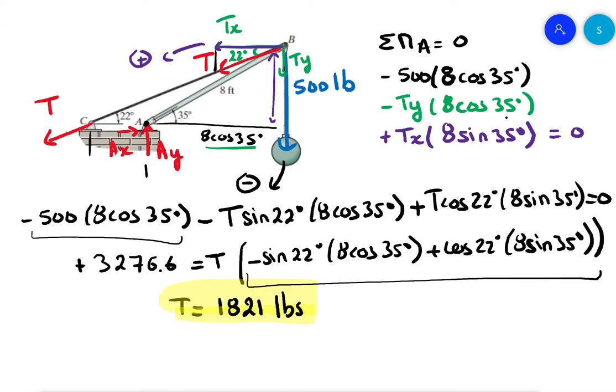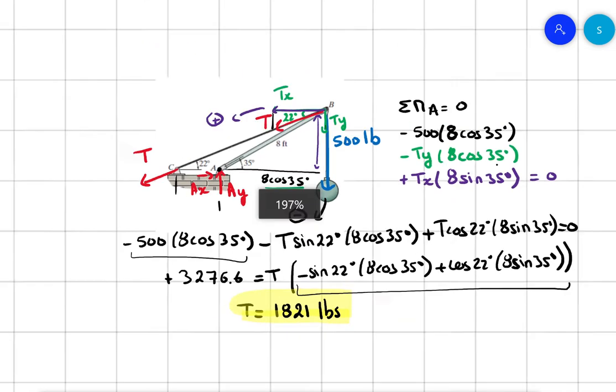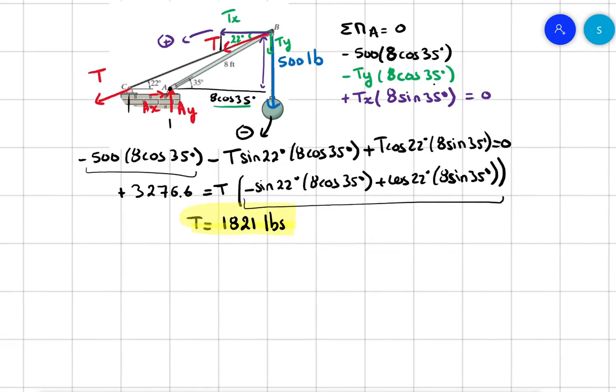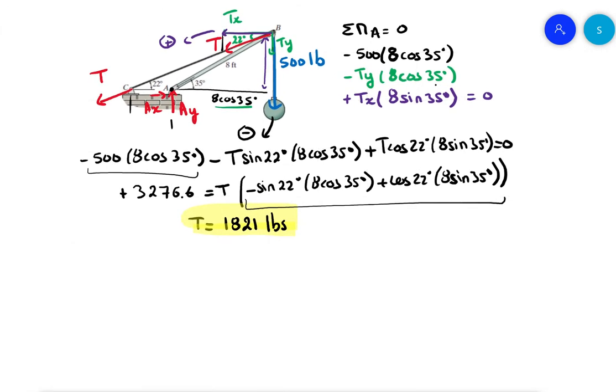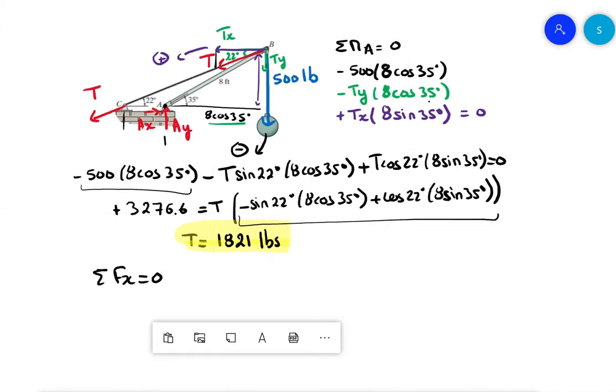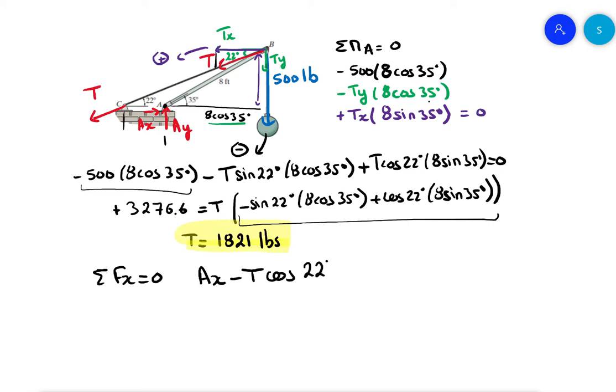If you want to find AX, we do the sum of the forces in x equals 0. What we have is AX, which we don't know, minus the x component of T, T cosine 22, equal to 0.